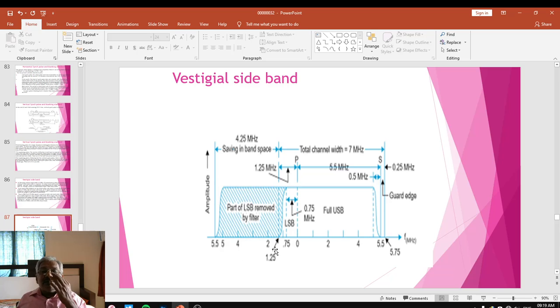We are aware that this is the carrier, which is expected to be suppressed. This is the upper sideband, and this one is the lower sideband. The upper sideband is from 0 to 5 MHz, and the lower sideband is also from 0 to 5 MHz.